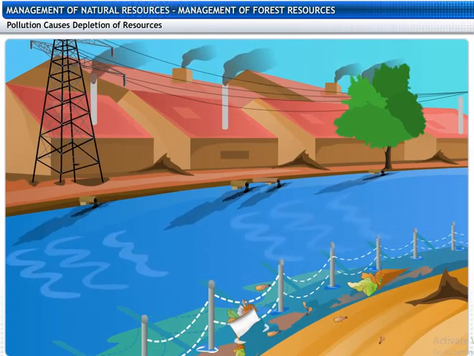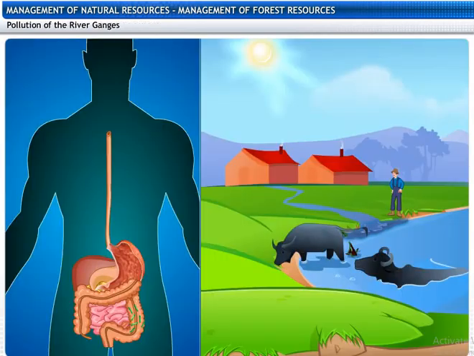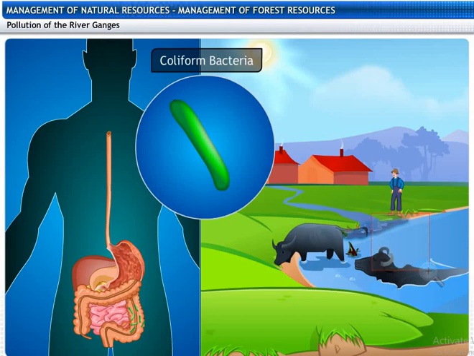The coliform bacteria is usually found in the human intestine, whose presence in the Ganges water indicates contamination by feces and disease-causing microorganisms.